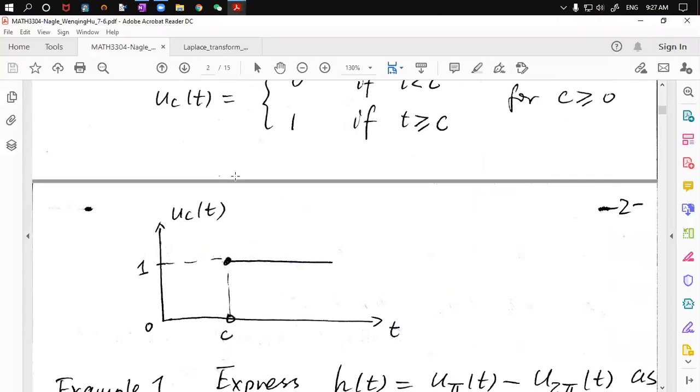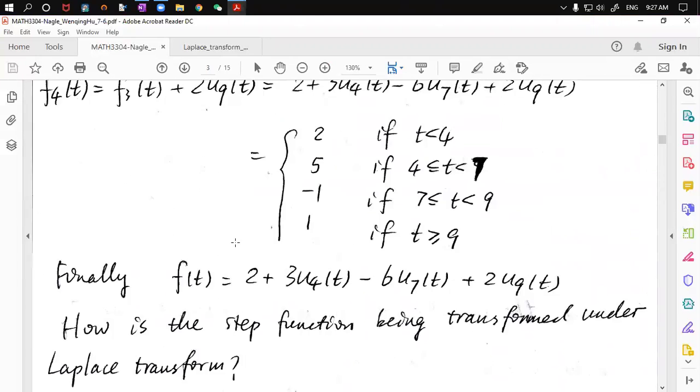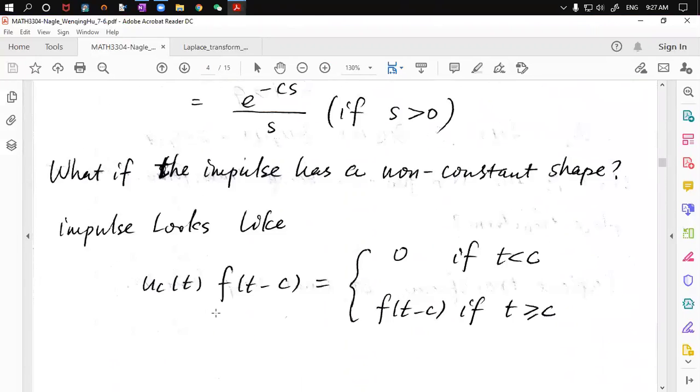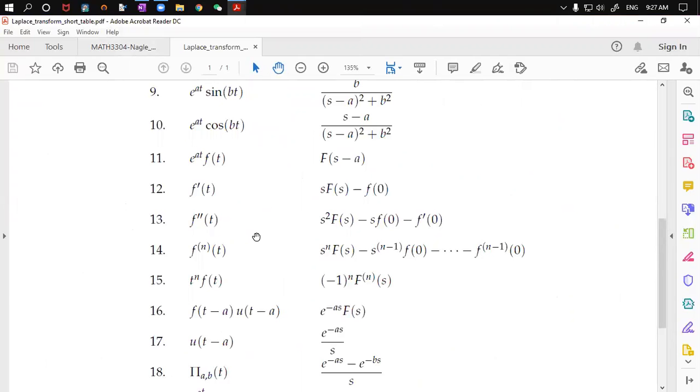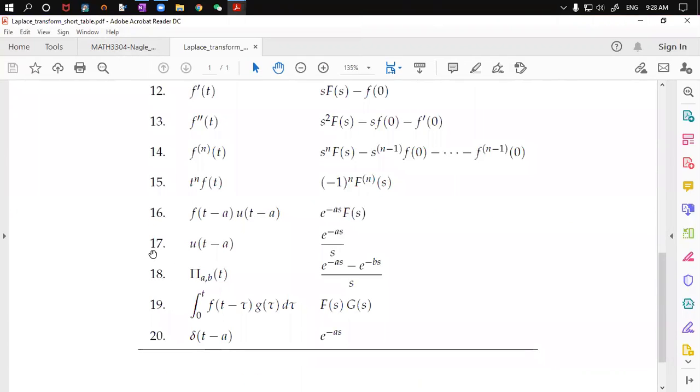Okay, and this is indeed what we have been calculating from this transformation. This is a very important line of the table of Laplace transforms, which is line 17 on your Laplace transform table.